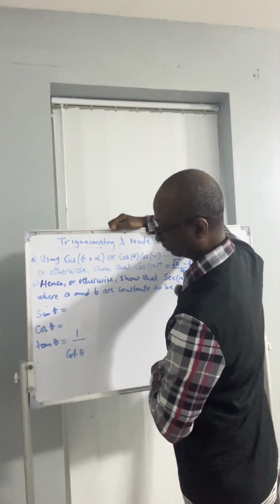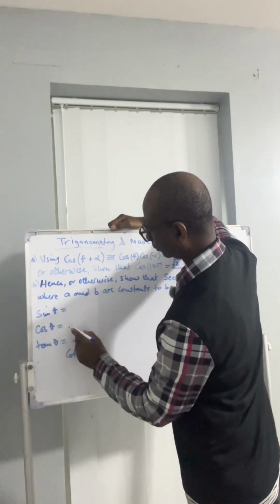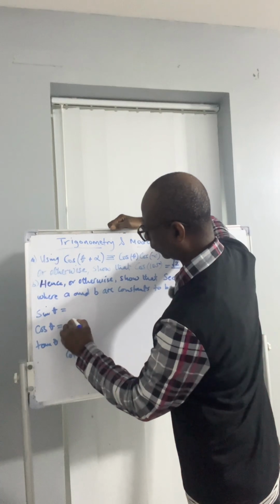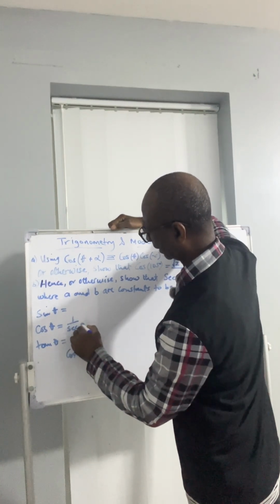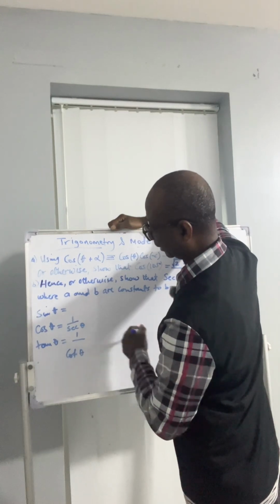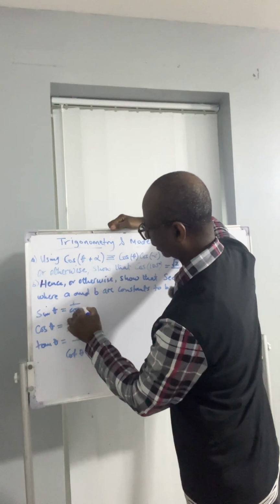These two are the same. The cosine of theta is 1 all over the secant of theta. These are equivalent. The sine of theta is 1 all over the cosecant of theta.